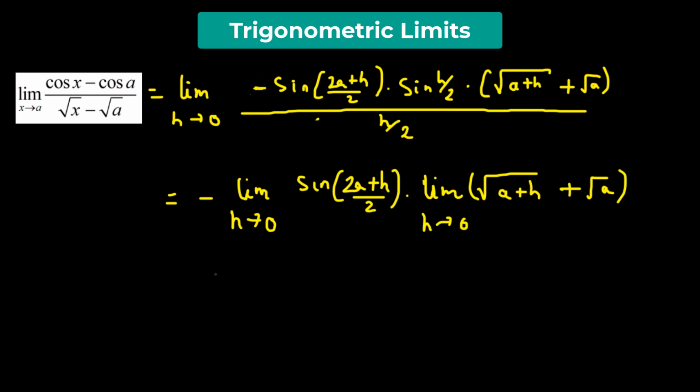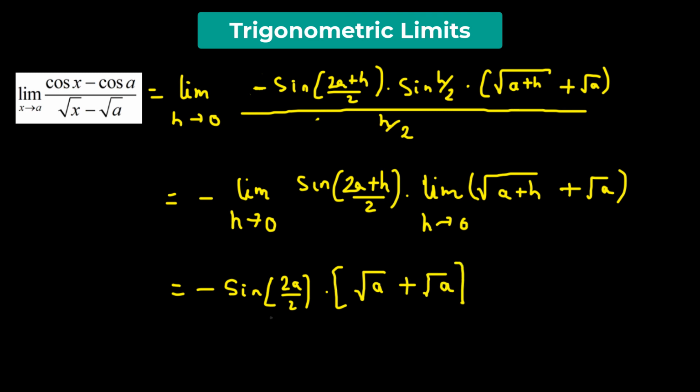The limiting value went to 1. So we have negative sine of 2a over 2 times the square root of a plus the square root of a. So the final answer will be negative 2 times the square root of a times sine of a. So this is going to be the limiting value of the given function when x approaches a.